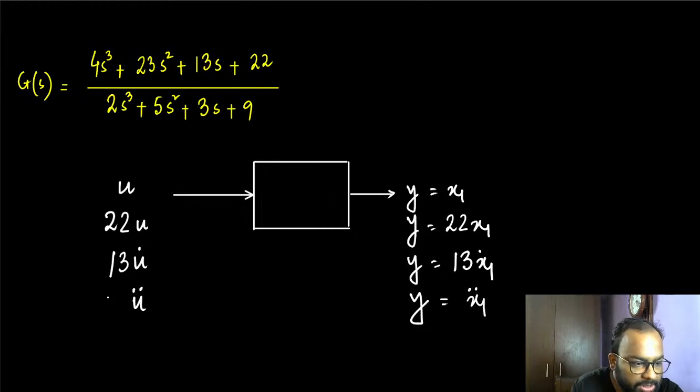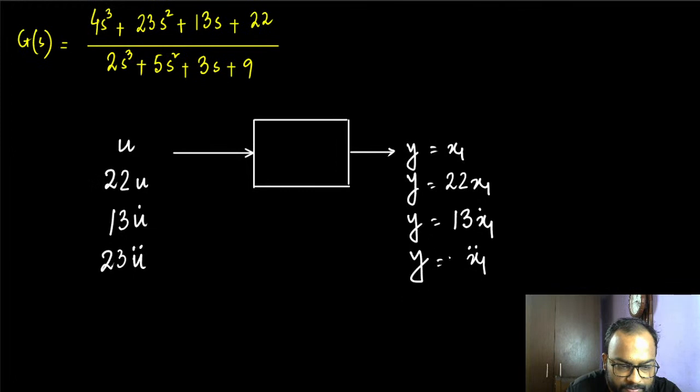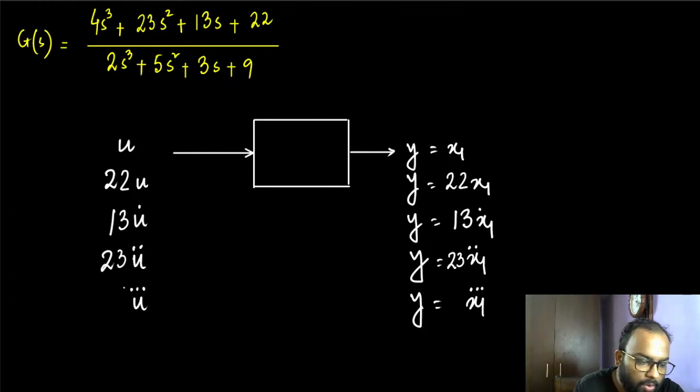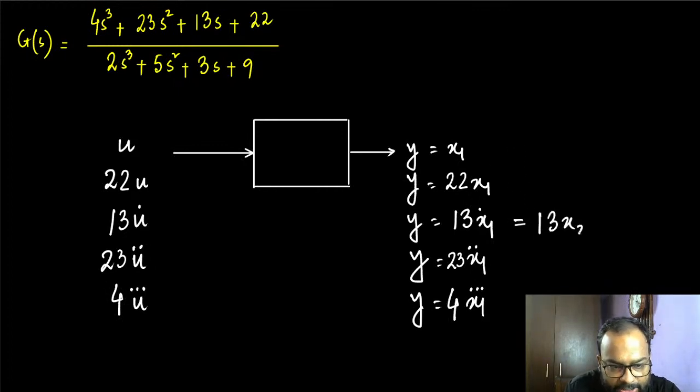If the input is 23u double dot, the output is 23x1 double dot. All these are coming from linearity. Similarly, if the input is u triple dot, the output is x1 triple dot. Now, if this is 4u triple dot, then this is 4. These are all fine. Here we see that this is just 13x2.